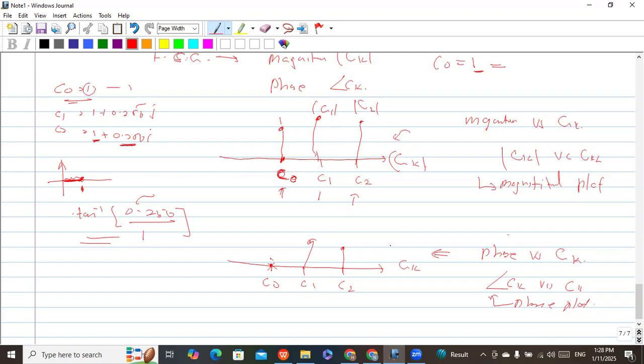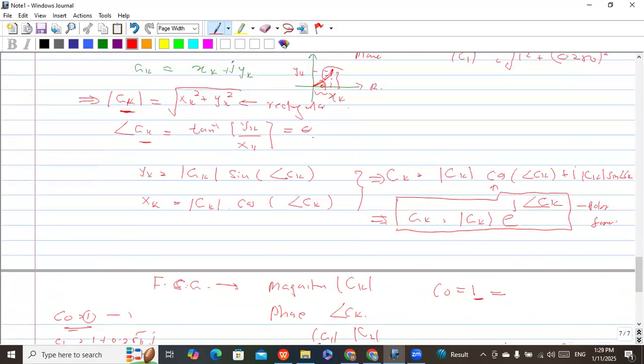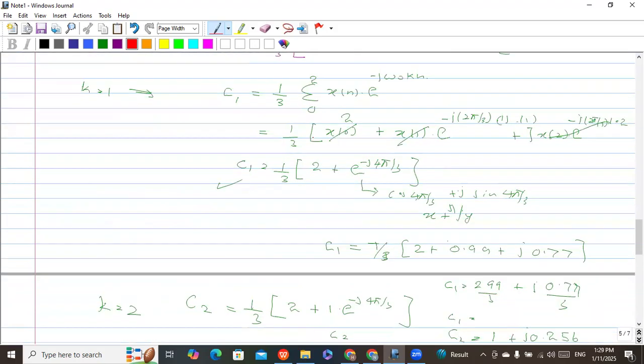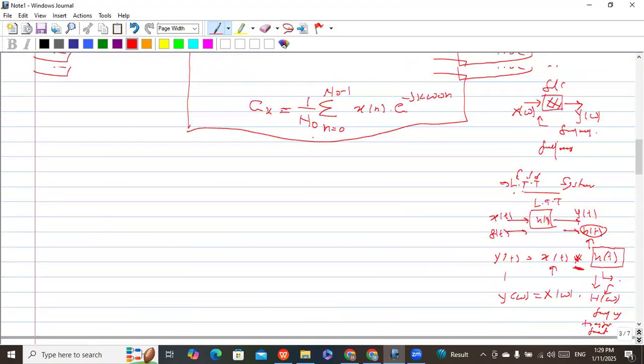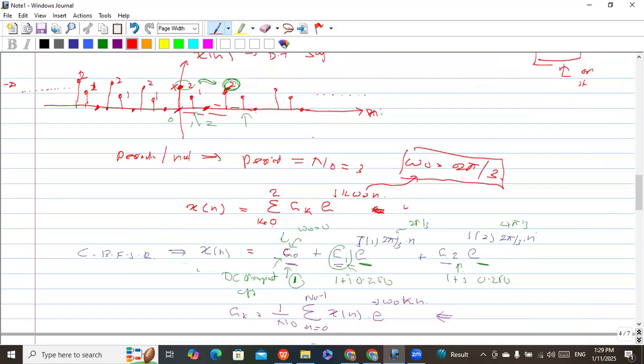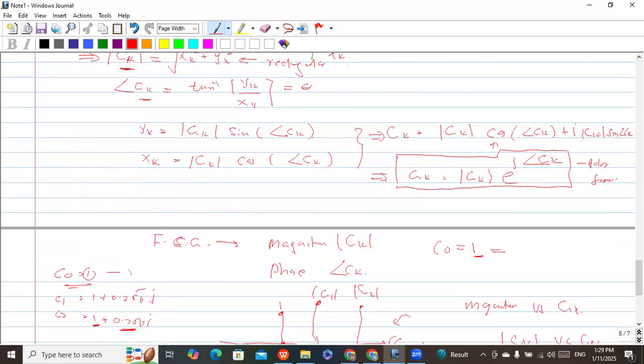These are used to get an idea about the frequency components. That is what we need to learn: how to represent a discrete time signal as a Fourier series, and also draw the phase plot and magnitude plot.